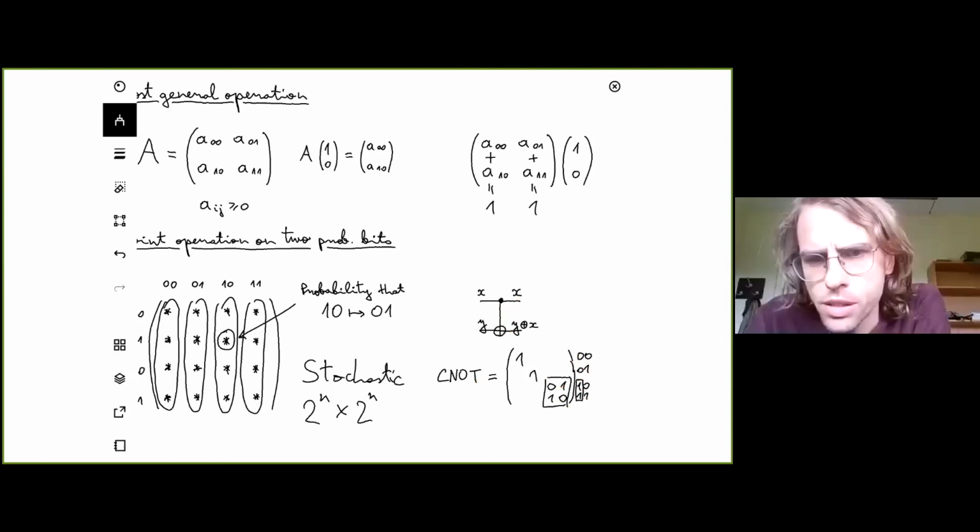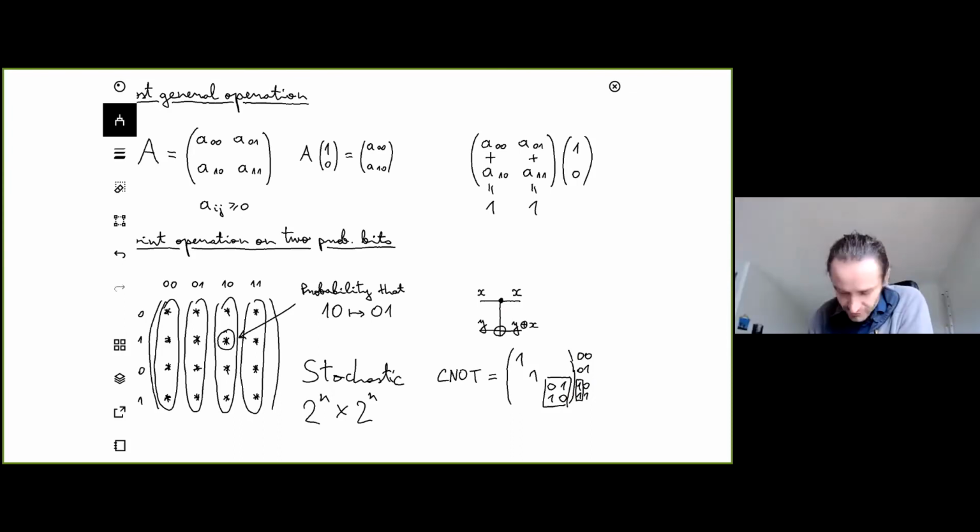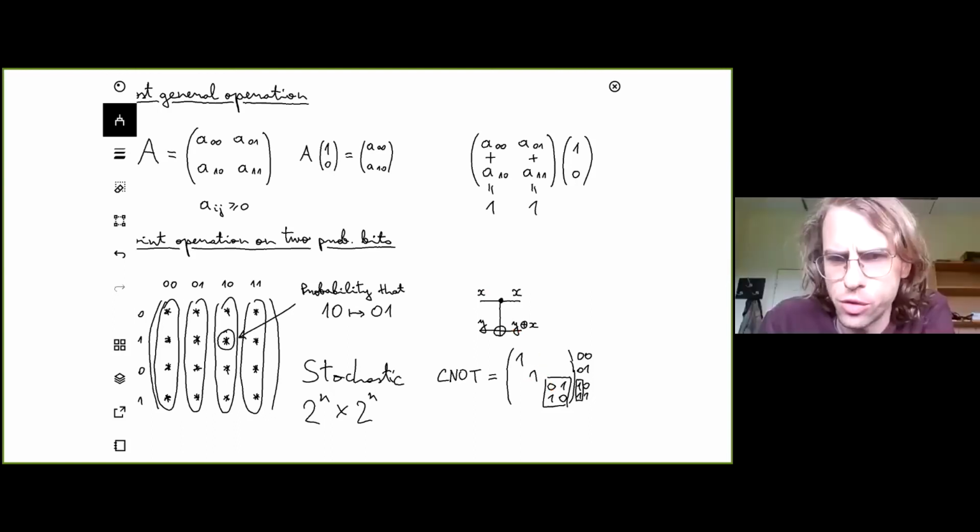Good question. Can you write this C naught as a tensor product of 2D matrices? Yeah, so you cannot. You can write it as a sum of 2 terms: one term that does nothing if the first bit is 0, and the other term that flips the second bit if the first is 1. So it has rank 2.